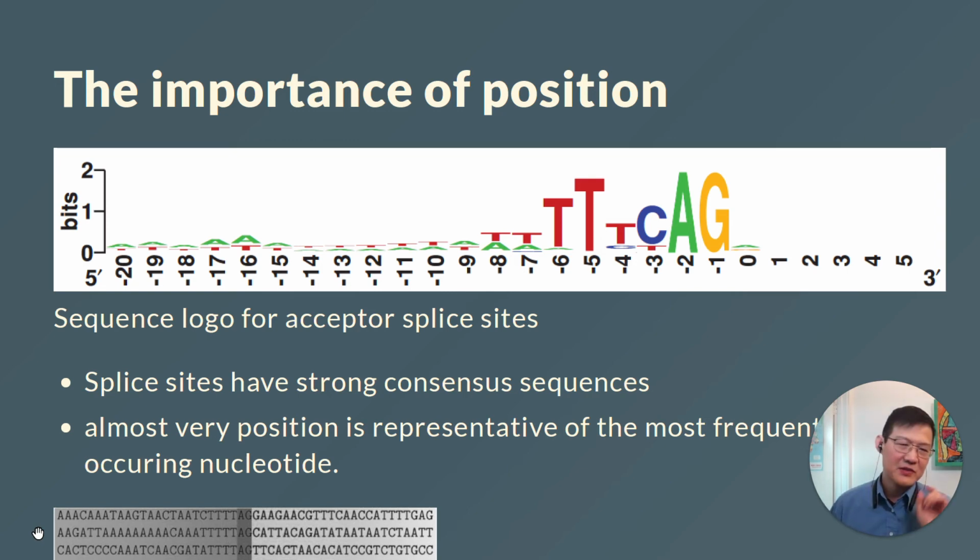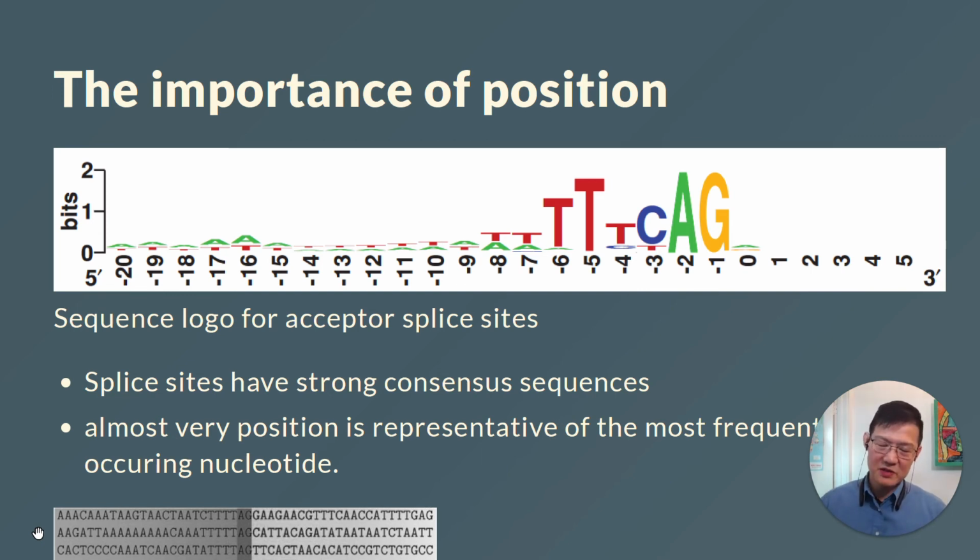Again here we have this AG consensus sequence just before the acceptor splice site, and we look at the occurrence of other letters across all the splice sites.